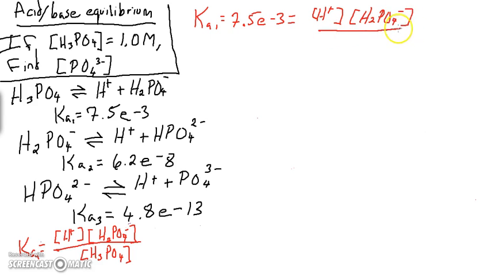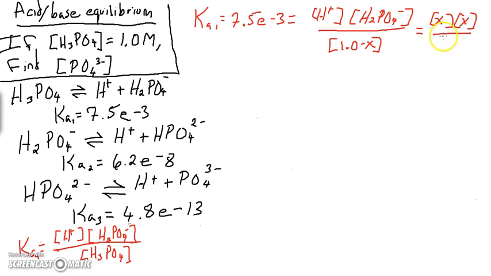But we do know that the starting concentration of the H3PO4 is 1.0, and we're losing off of that a certain amount, minus X. And whatever we lose off that amount, I'm going to simplify this and say that whatever is lost from the bottom is gained at the top. And we'll make sure we understand that in a second.